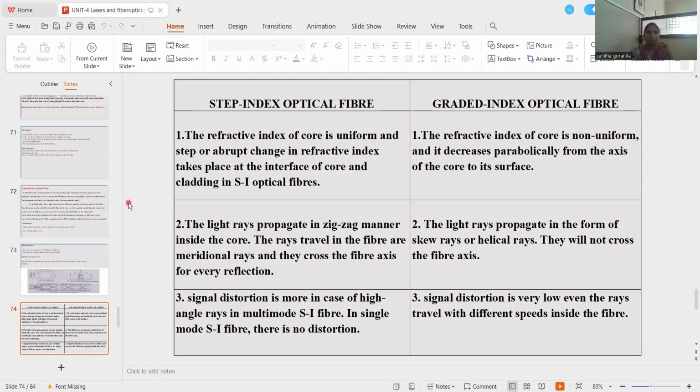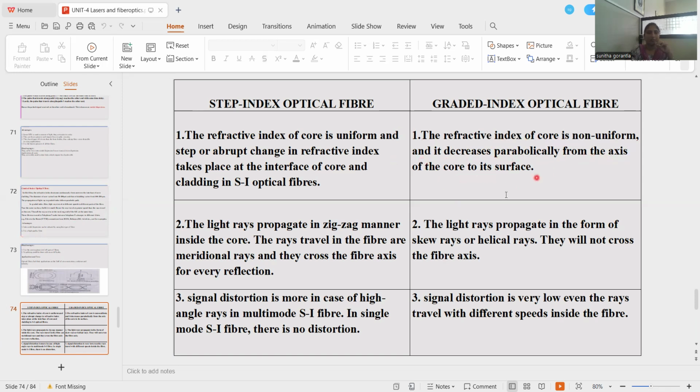That's why these are called step index optical fibers. Whereas in graded index optical fiber, the refractive index of the core is non-uniform. It is maximum at the center of the core, and moving towards the outer surface, it decreases in a parabolic manner, from the axis of the core to its surface.